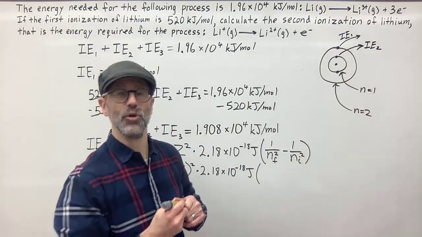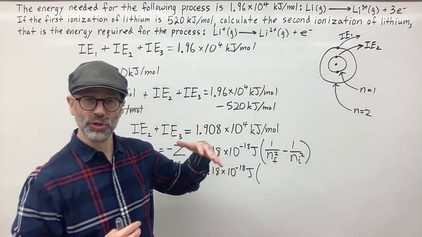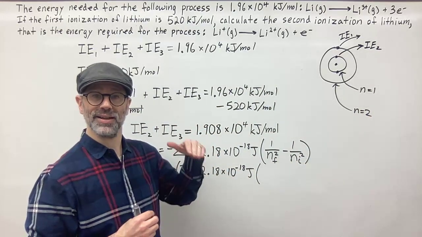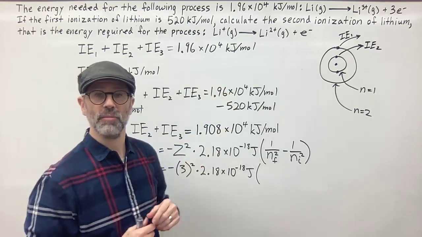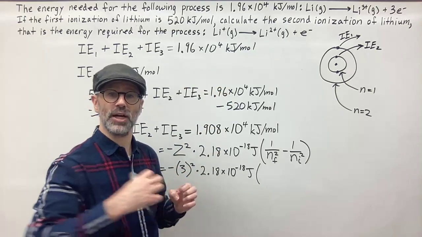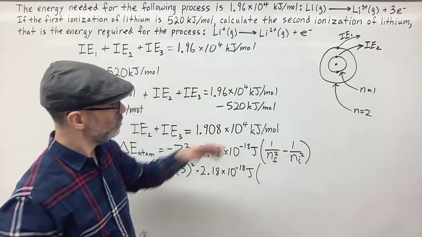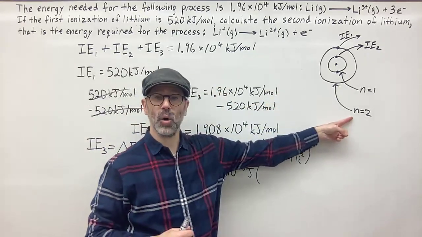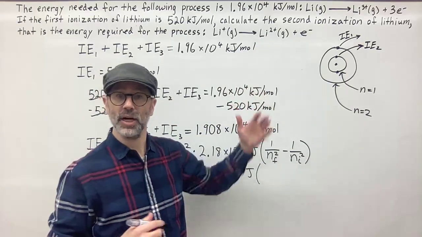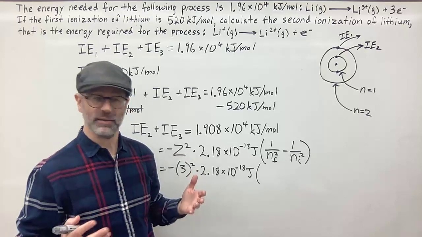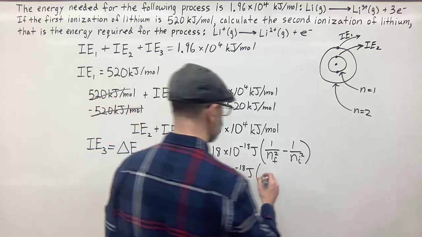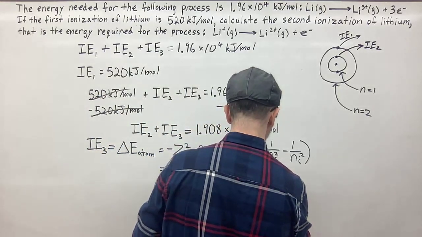So the farther away you get from the nucleus, the number of the energy level is going to go up. Well, if you're removing the electron completely from the atom, well, this n is going to go up infinitely, right? So the last energy level is infinite. So we're going to remove this infinitely away from the nucleus.